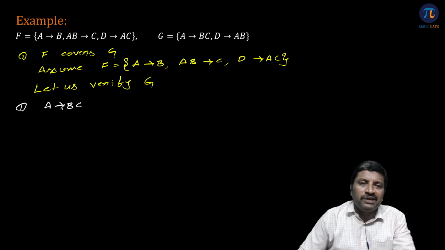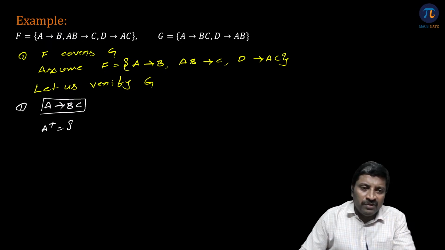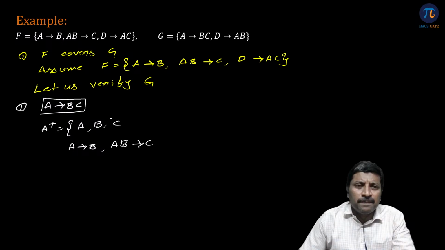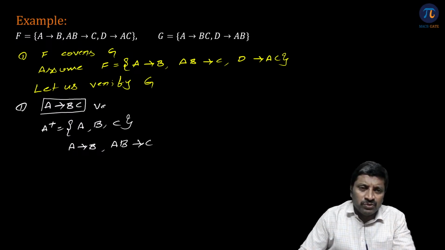This is not directly present in F, so let us find the closure of A. With A, I get A. Then with A, I can get B. With AB, we can get C. So we got B, C. This is valid. Am I right, sir?